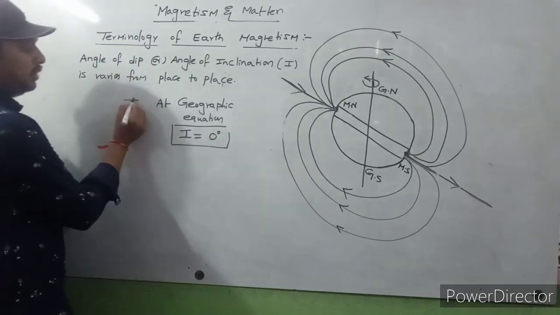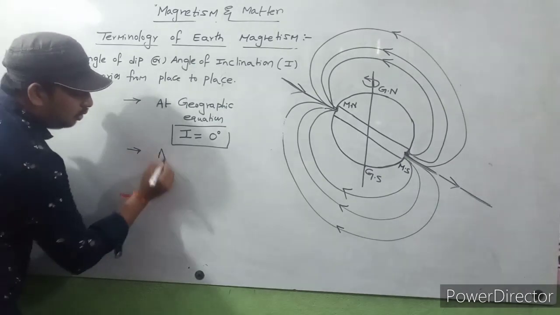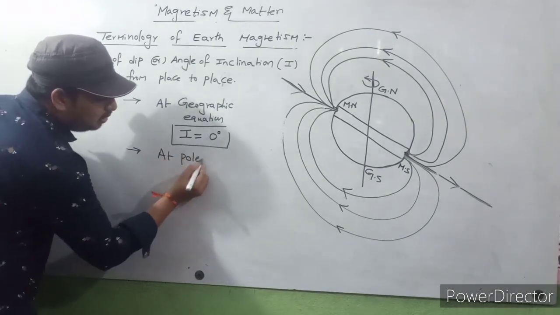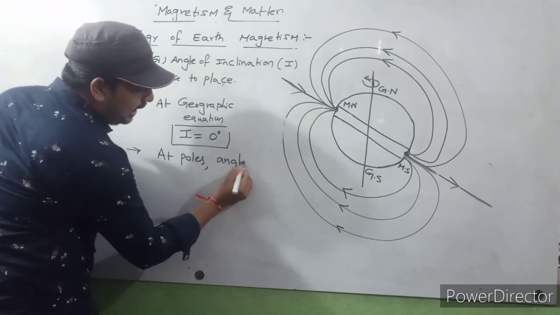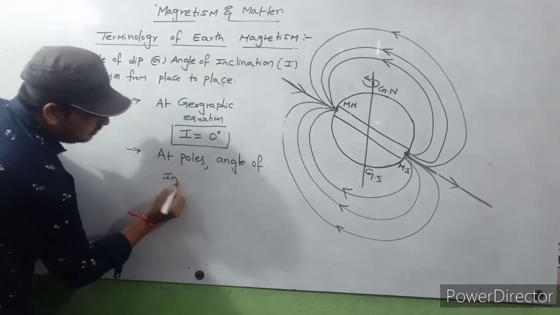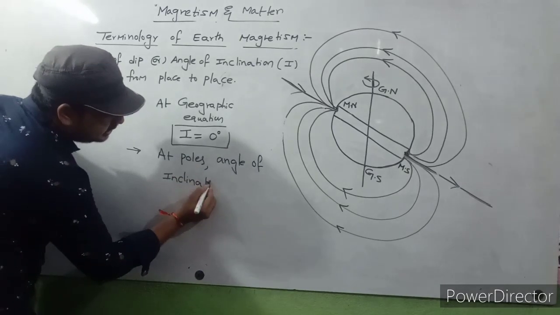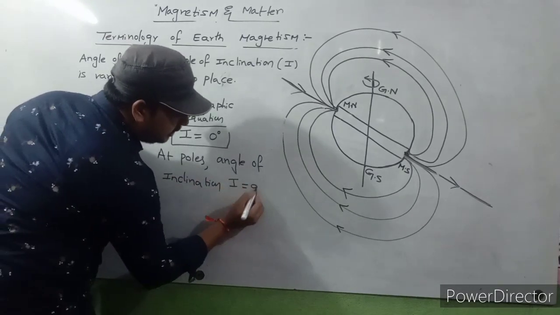This is the most important point. And next, at poles, angle of inclination is 90 degrees.